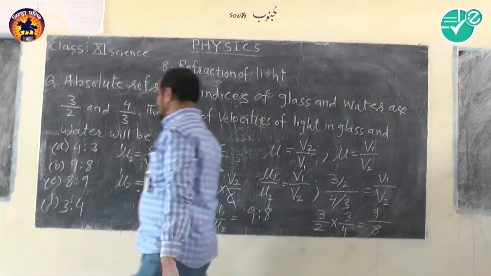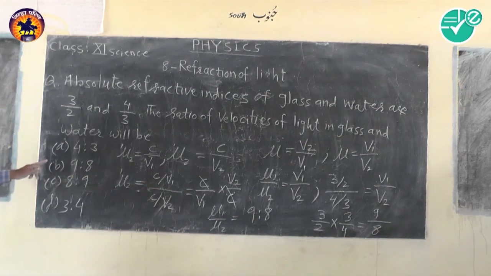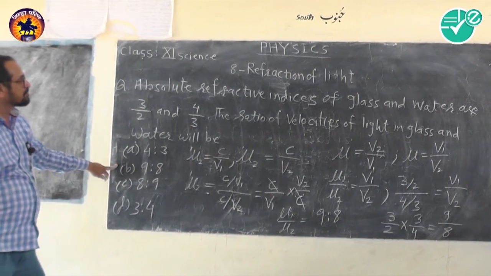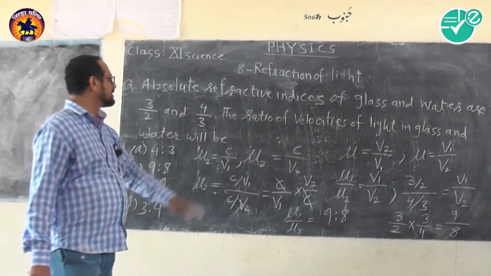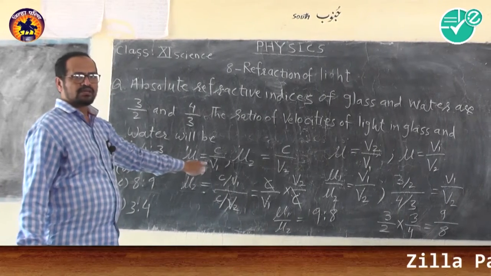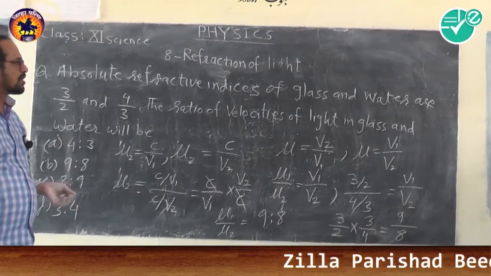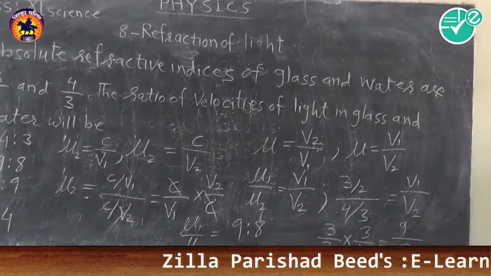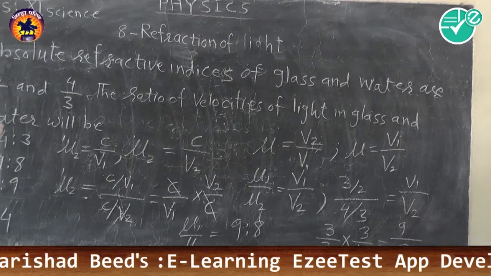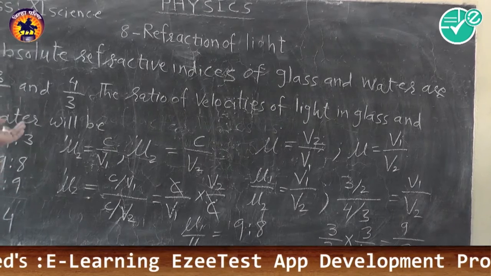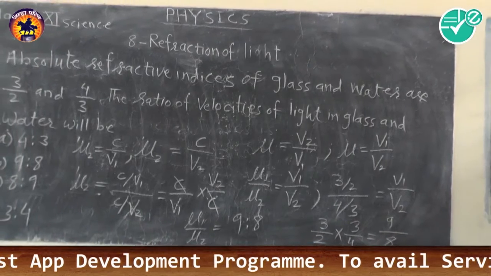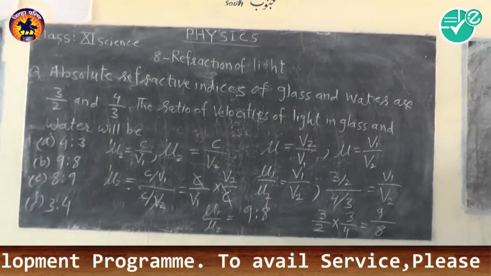And the given option B is the answer, 9 by 8. So in this way we can obtain the correct answer with the help of these formulas. Here only 2 to 3 formulas we are using, that is mu is equal to v1 upon v2, mu is equal to lambda 1 upon lambda 2, or mu is equal to c upon lambda. Only these 3 types of questions we have taken.